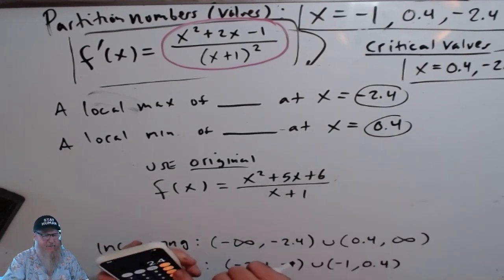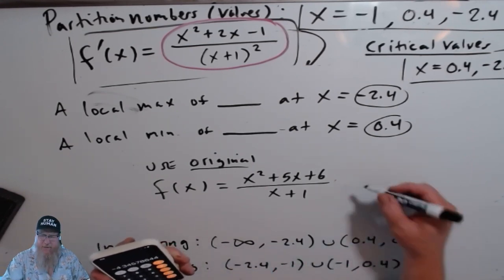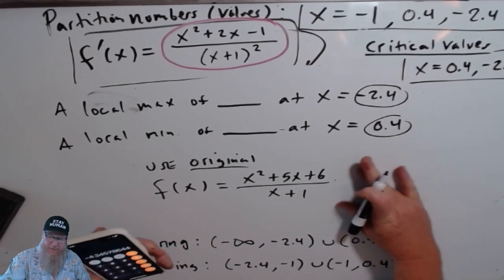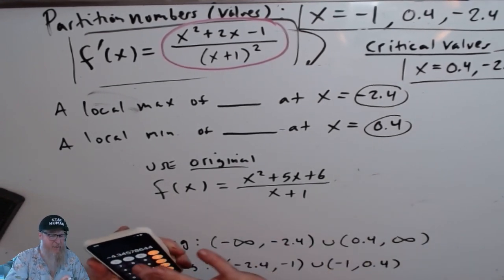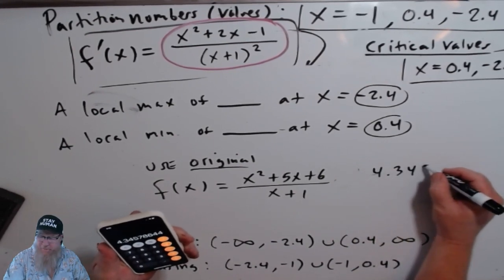Negative 2.4 squared. Oh, it's negative squared, sorry. So it's 4.345.